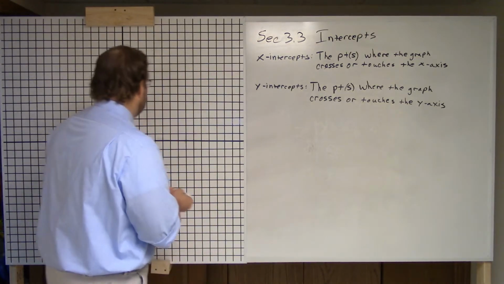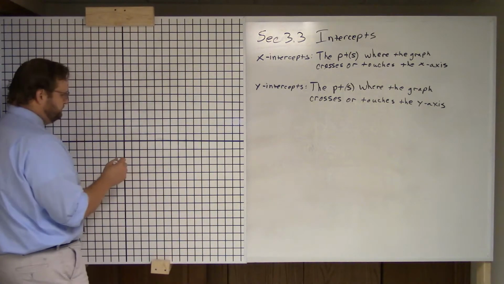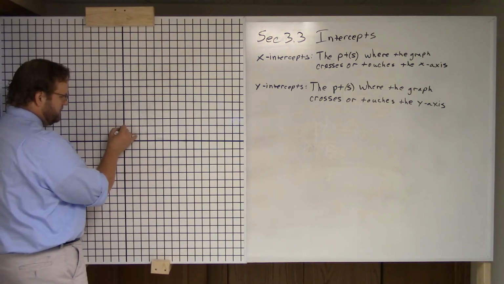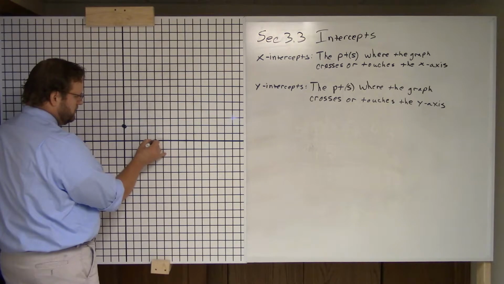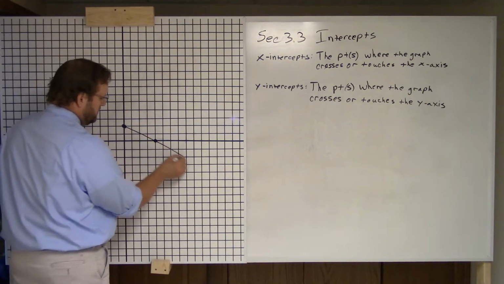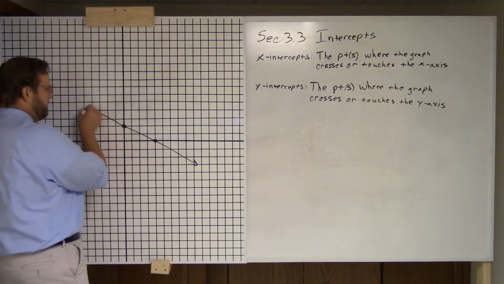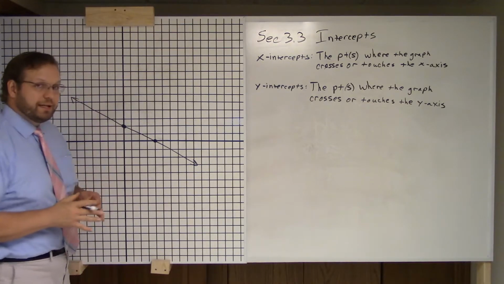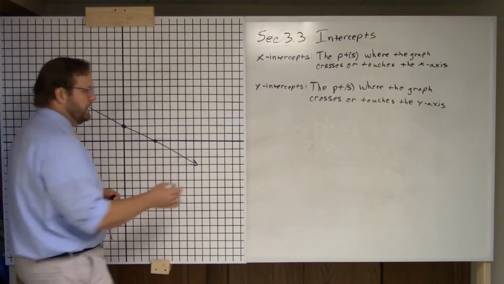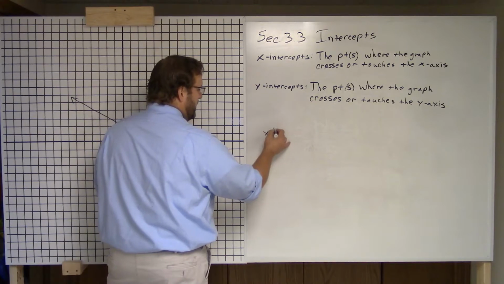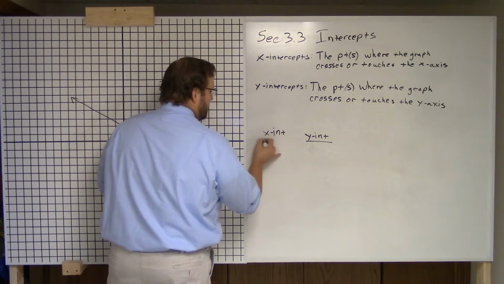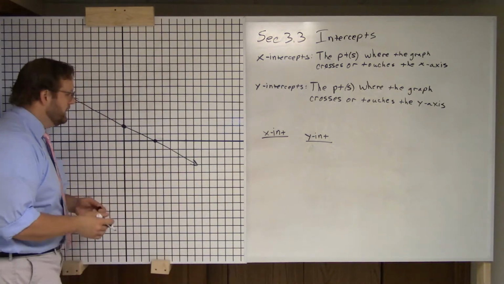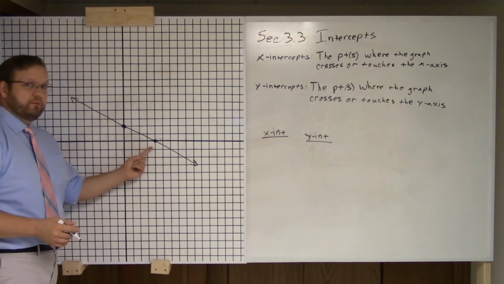Let's say we have a line that looks like this, and I ask you to identify the intercepts. I am looking for the X-intercepts and the Y-intercepts. In this case, there is going to be one of each.